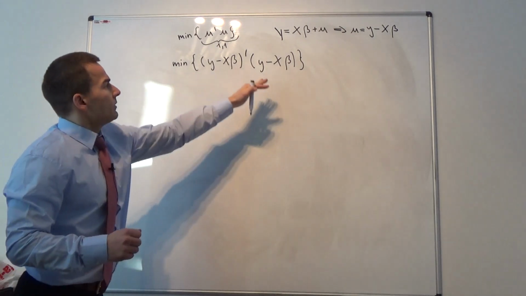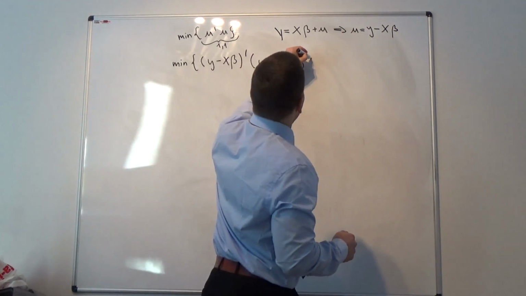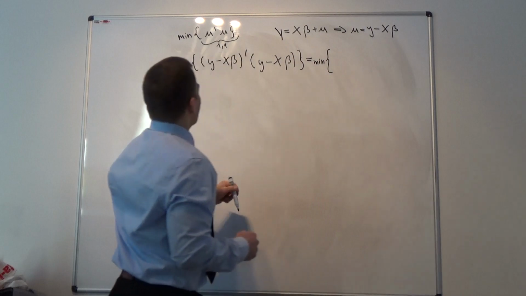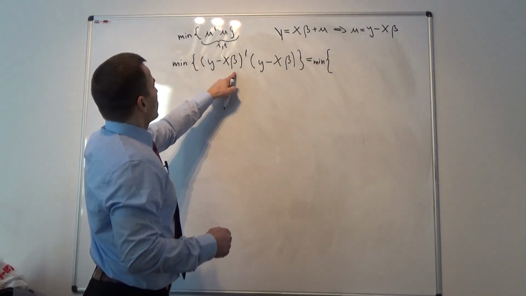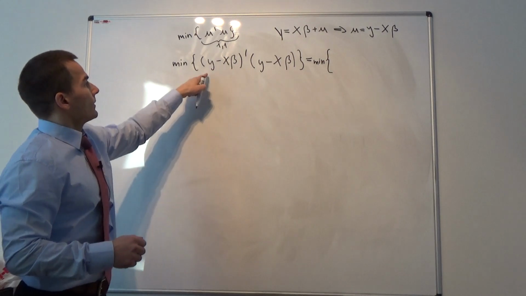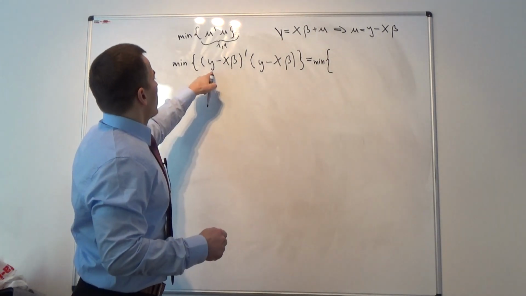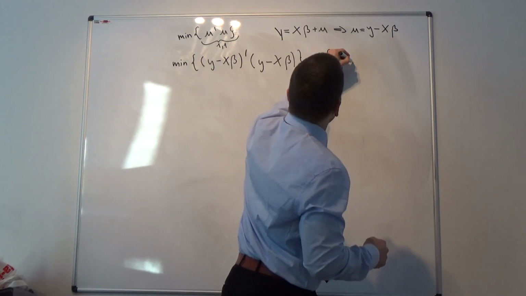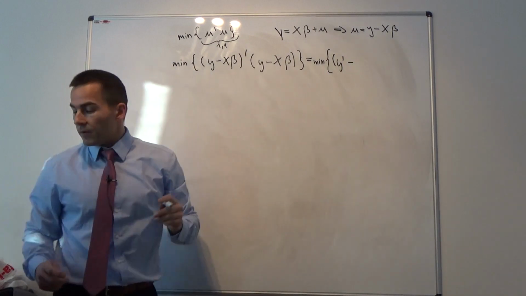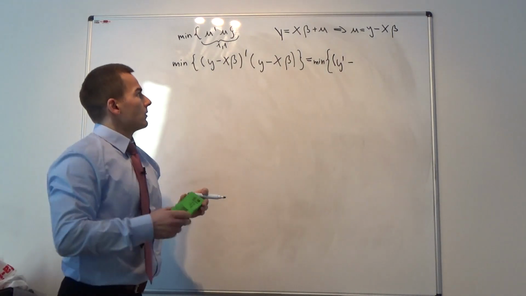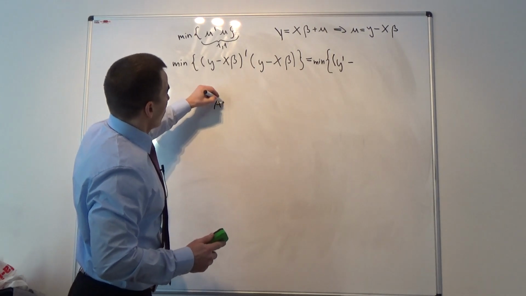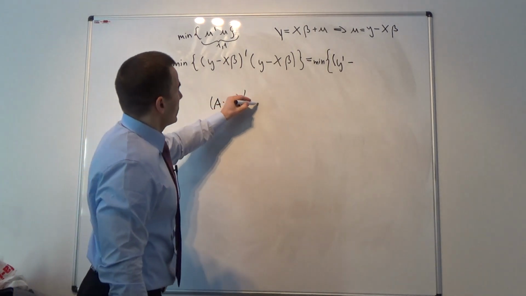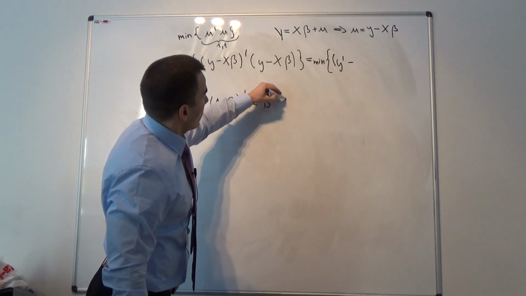So let's multiply this out here. What follows? First of all, we have to transpose what is in the first parenthesis. So we transpose y, minus, and now we have to remember from matrix calculus, if we have a matrix product, let's call it A times B, then A times B transposed is B transposed times A transposed.